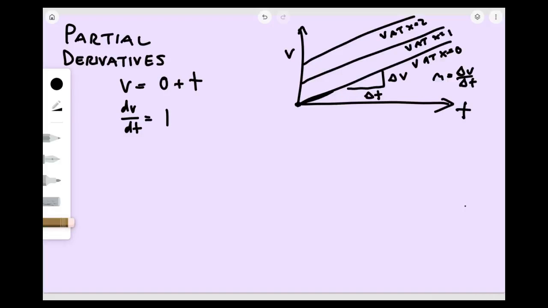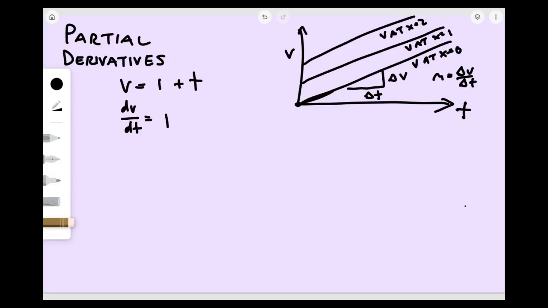I can replace that 0 now with a different constant. Let's take x equals 1. dv dt is still 1 because the derivative of 1 is 0 plus the derivative of t, which is 1.